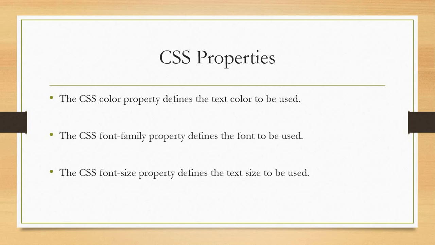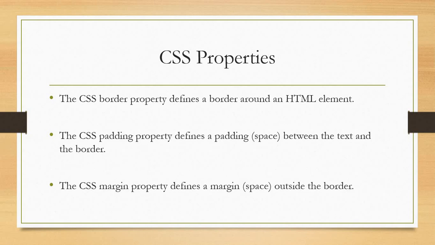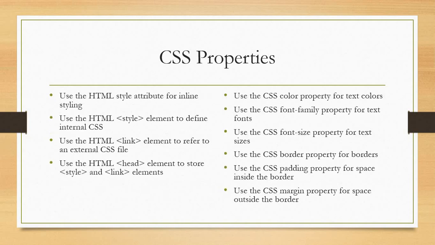The font size property allows you to define the text size, 16, 24, etc. The border property allows you to create a border around the HTML element, as shown in the two examples provided. The padding property defines the padding space between the text and the border, how much quote-unquote white space there is. And the margin defines how much the margin is outside of the border.